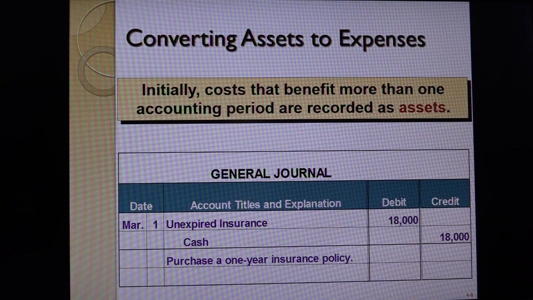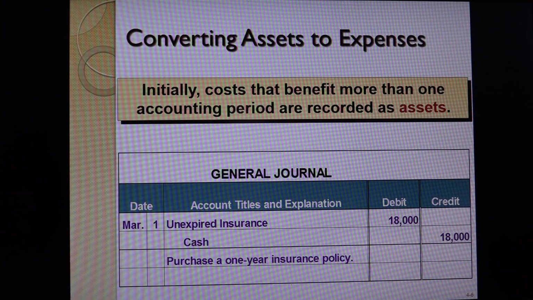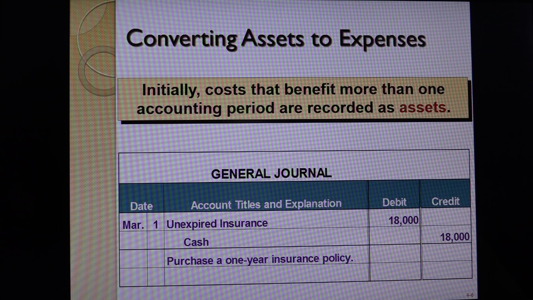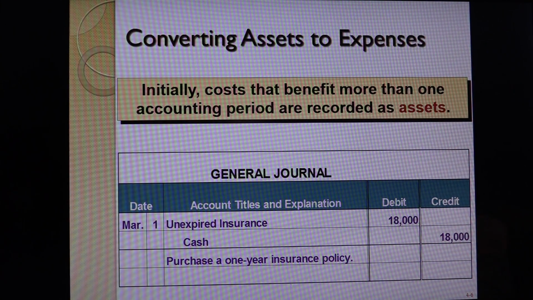So there's your initial entry. You could use unexpired insurance or prepaid insurance; there are different names for accounts. It's not uncommon. There's no set rule for that as long as everybody in the company knows what it is. So initially, costs that benefit more than one accounting period are recorded as assets.